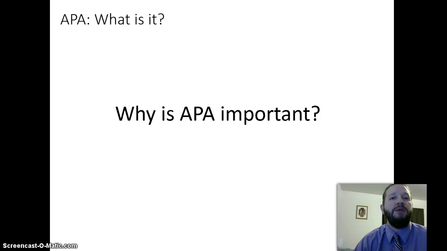If you follow APA to a T, there's a 99.9% chance that you will not plagiarize. If you follow the conventions of APA to the letter, it's 99.9% impossible to plagiarize, because the whole idea behind APA is to prevent plagiarism.